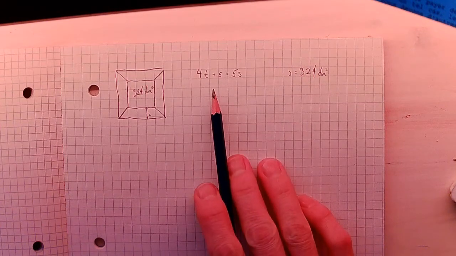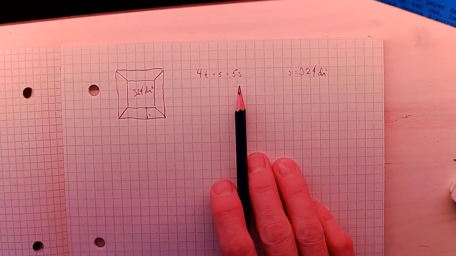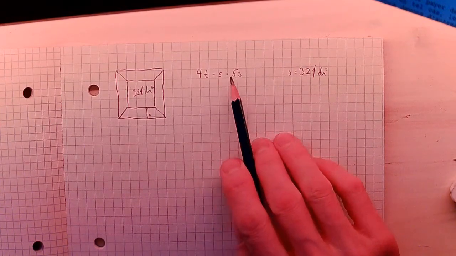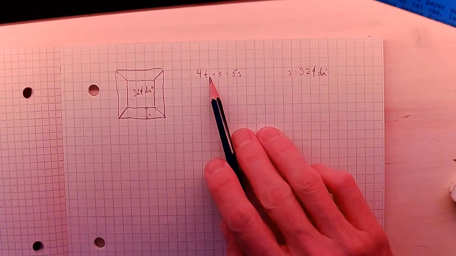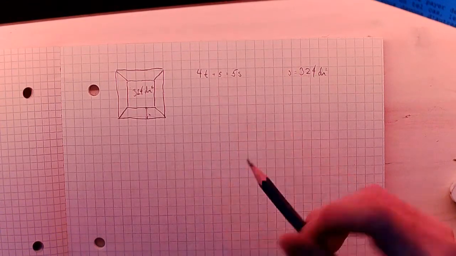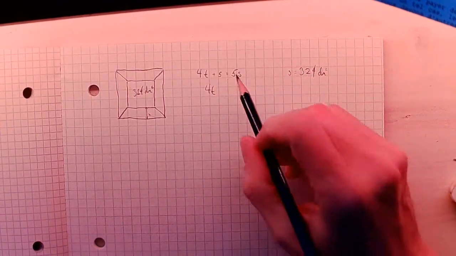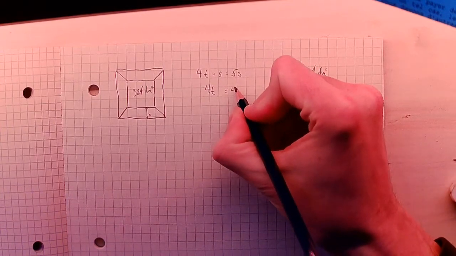Let's see if we can simplify this algebraic expression. 4t plus s is equal to 5s. We can subtract an s from each side. 4t plus s minus s would just leave us with 4t. And 5s minus s would leave us with 4s.